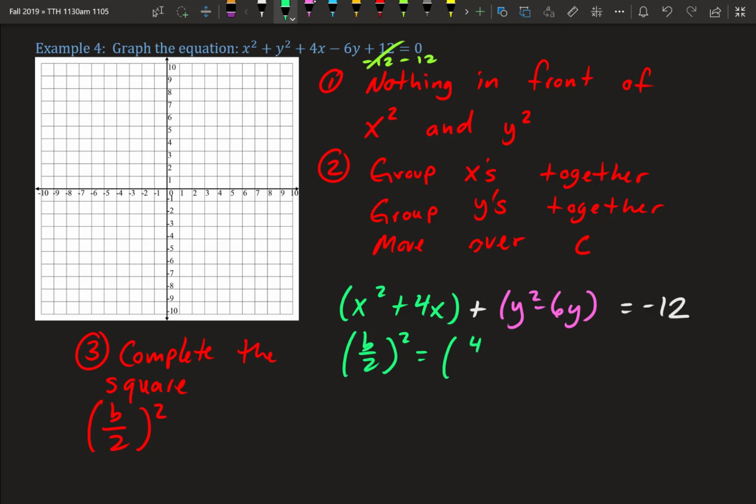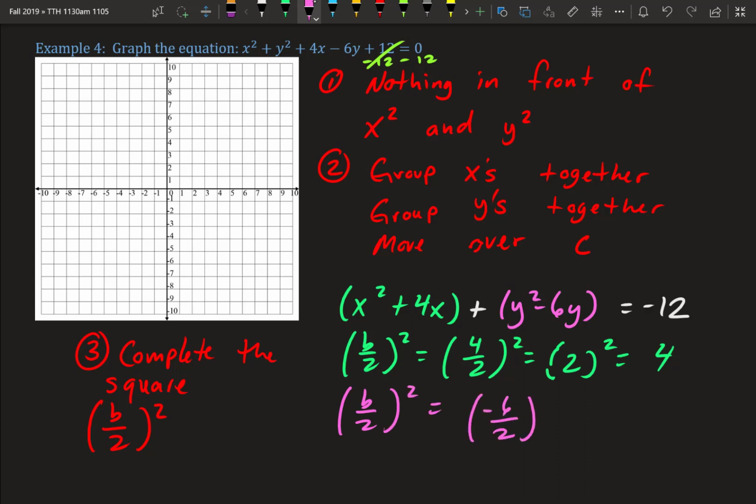So we'll have (4 over 2) squared, which is 2 squared, and that's 4. We're going to do the same thing for the y's, so (b over 2) squared, and when we do that we get (negative 6 over 2) squared, so negative 3 squared is positive 9.